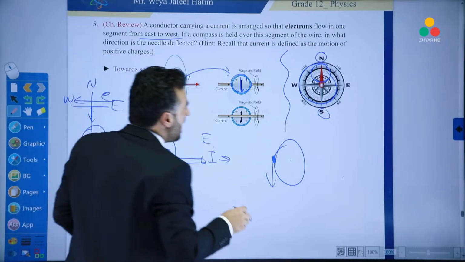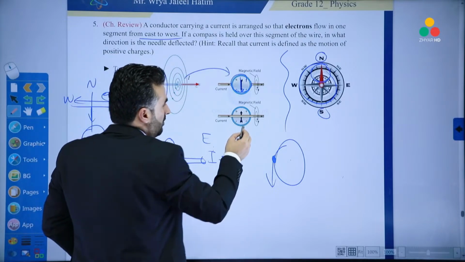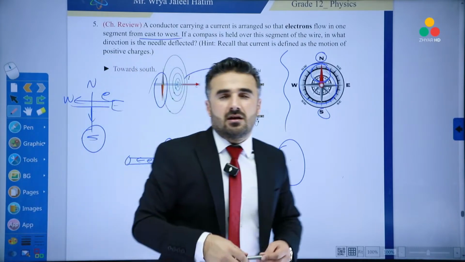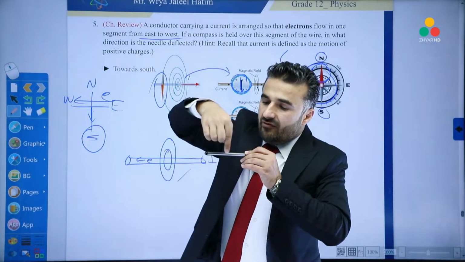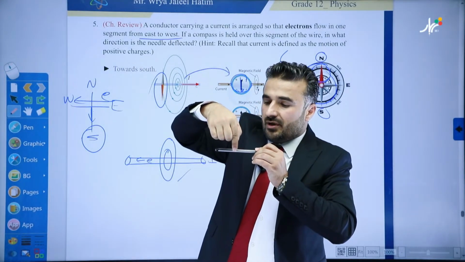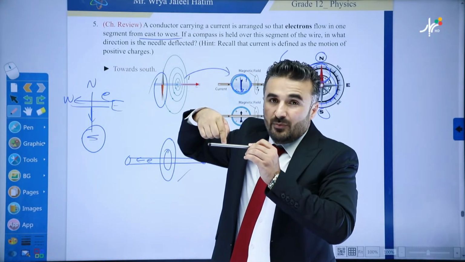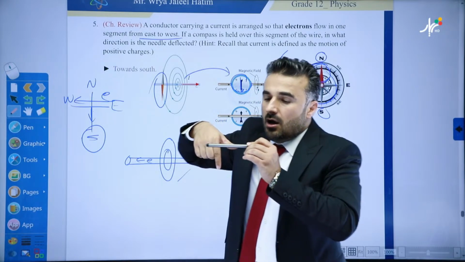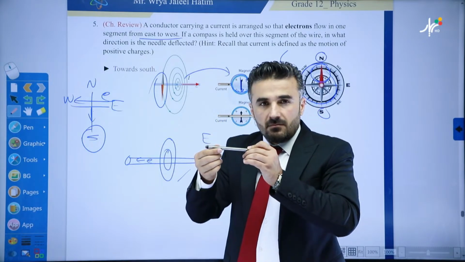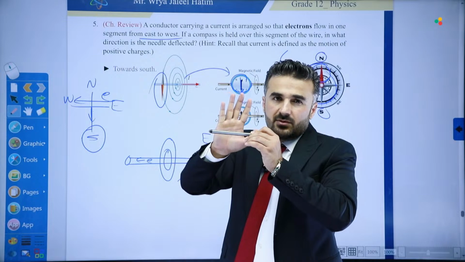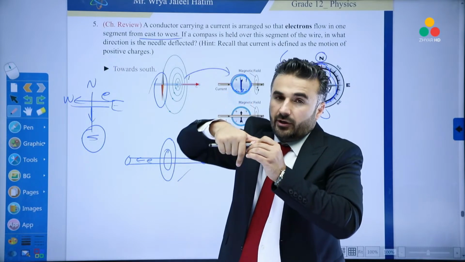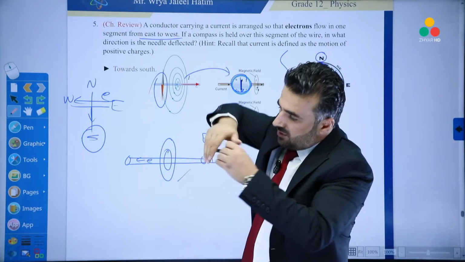Okay, what happens if we take the compass behind the wire? If this is the wire, we found the direction of the magnetic field at this point. What about the direction of the magnetic field at a point here? Once again, always make sure that your thumb is aligned with the same direction as the current, so you can curl your fingers. Of course it's going to be something like this.